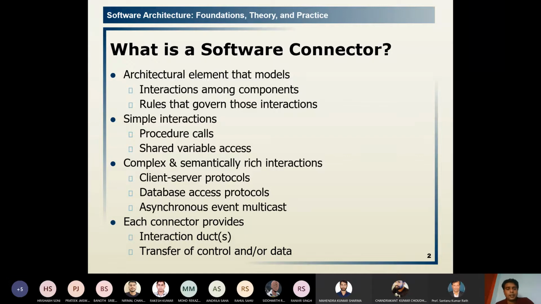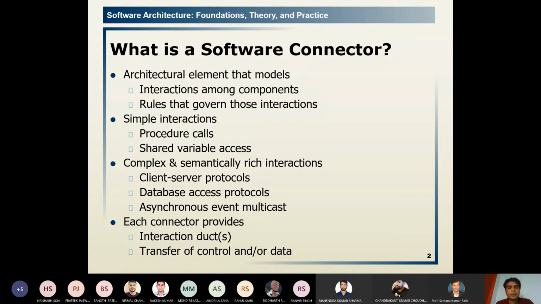Here we have the client-server protocol, the database access protocol, and asynchronous event multicast. First is the client-server protocol. The client will send the request to the server by means of some informative interactions, which is a part of complex and semantically rich interaction.